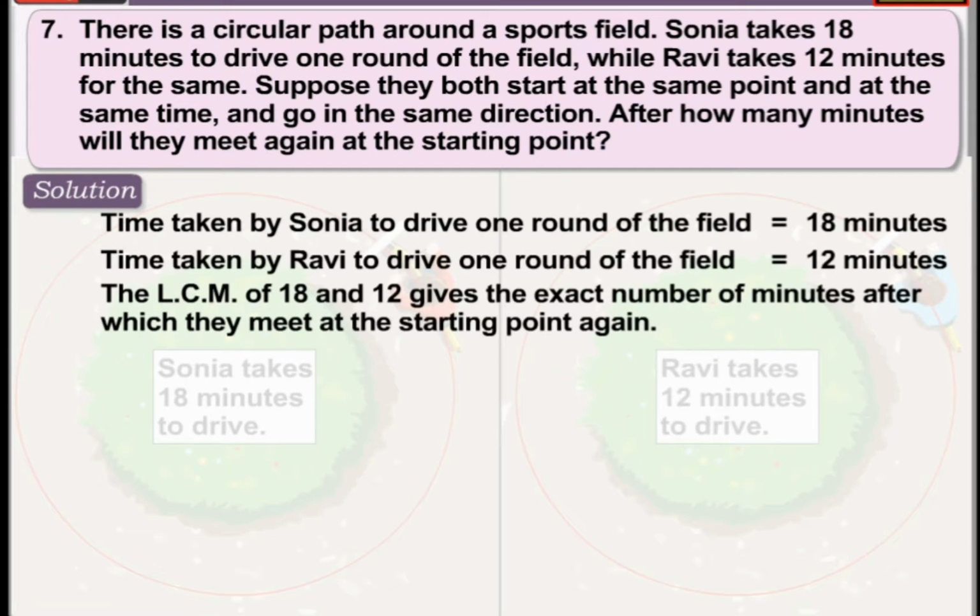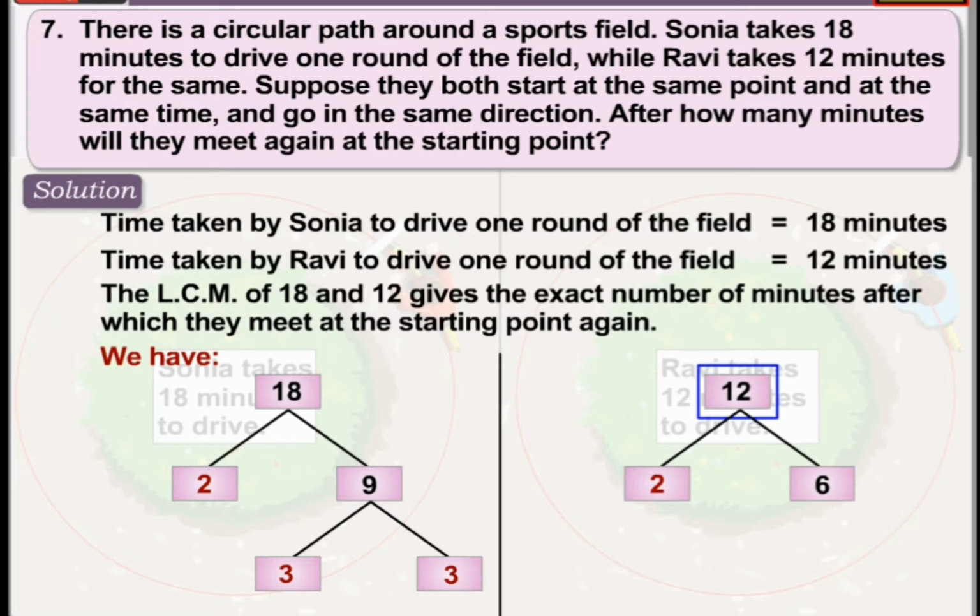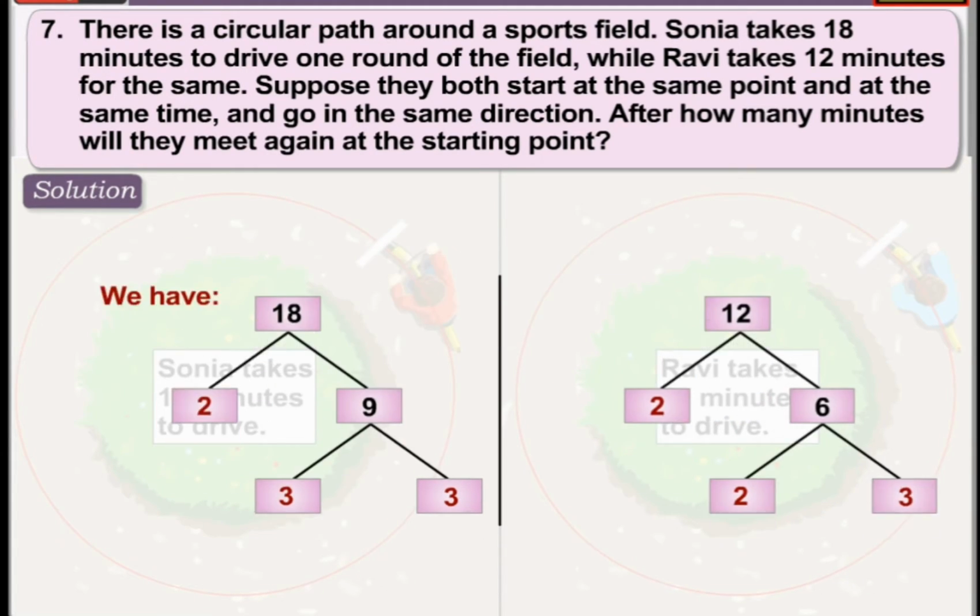We have factors of 18 are 2 and 9. Factors of 9 are 3 and 3. Factors of 12 are 2 and 6. Factors of 6 are 2 and 3.